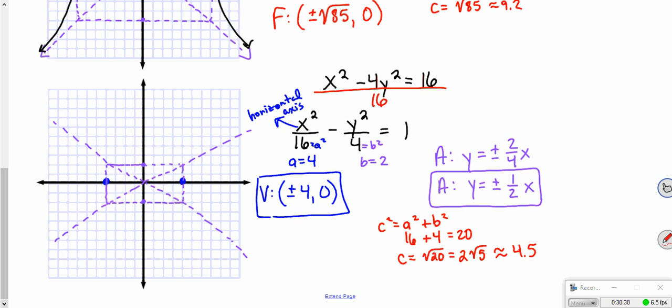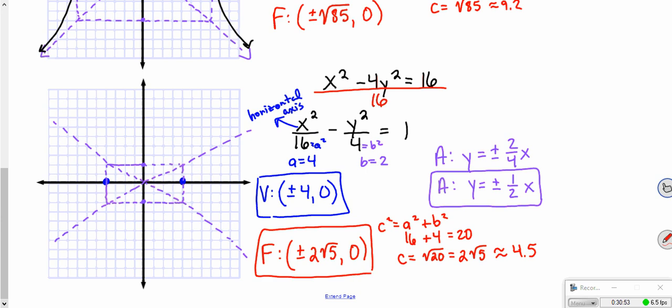I think it's like 4.47 or something, but 4.5. Now, my foci, remember, are on your transverse axis. So since that's horizontal, this is plus or minus 2 root 5, comma 0. That would be my foci coordinates.